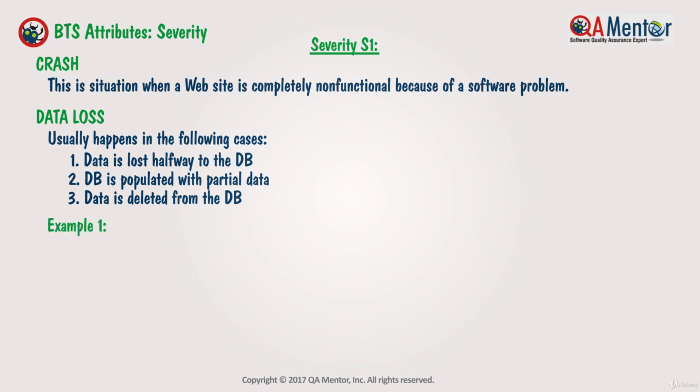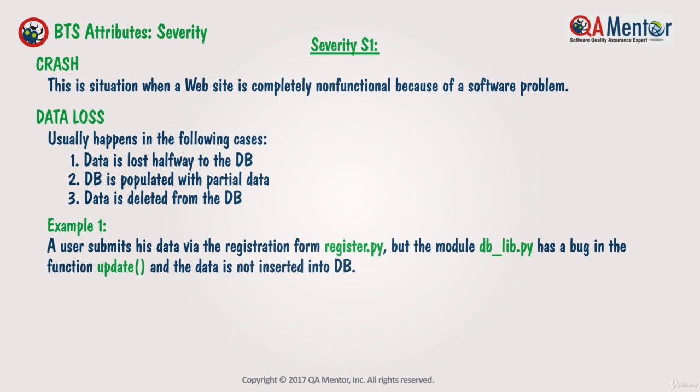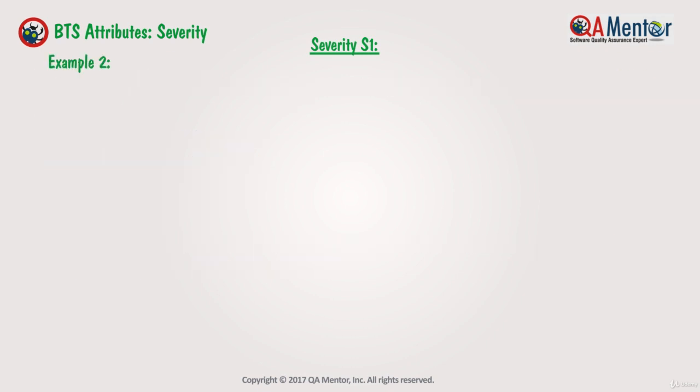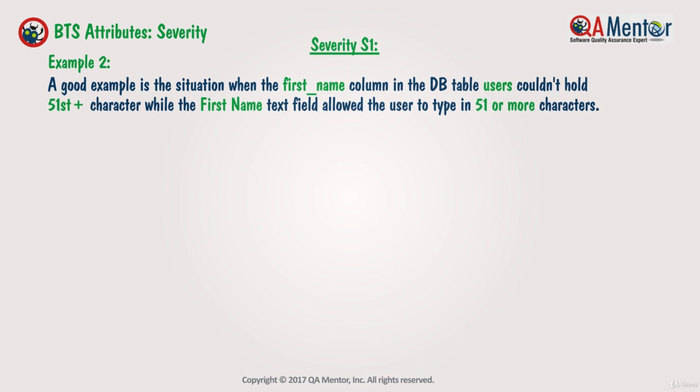Example 1. A user submits his data via the registration form register.py, but the module db.lib.py has a bug in the function update and the data is not inserted into DB. Example 2. A good example is the situation when the first name column in the DB table users couldn't hold the 51st plus character, while the first name text field allowed the user to type in 51 or more characters.